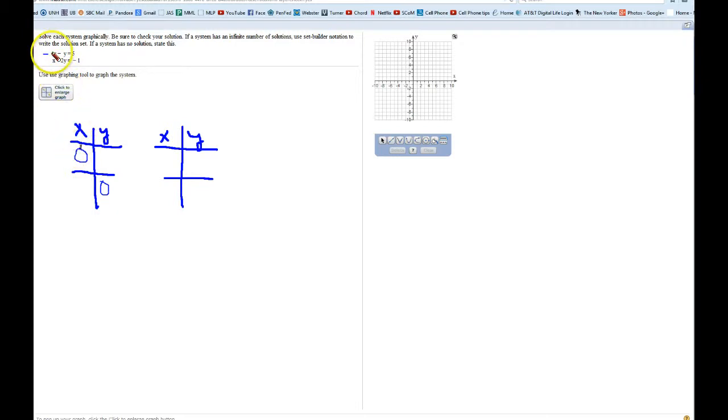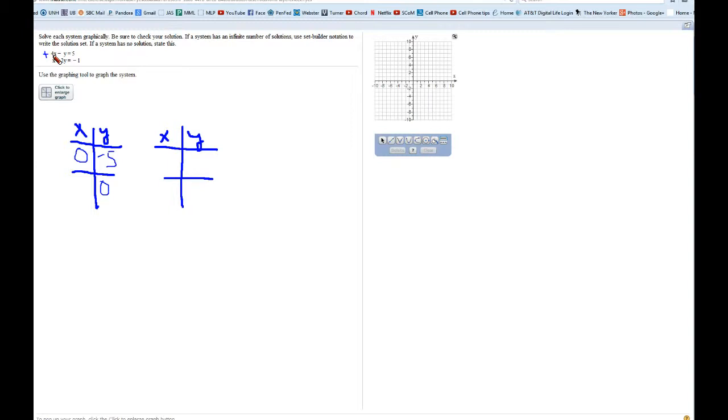So if x is 0, we get a negative y equals 5. So we divide both sides by a negative 1, and this will be a negative 5. Now if y is 0, here's where it's a little tricky. Remember, that's just a plus there.